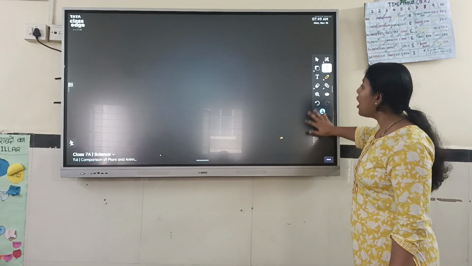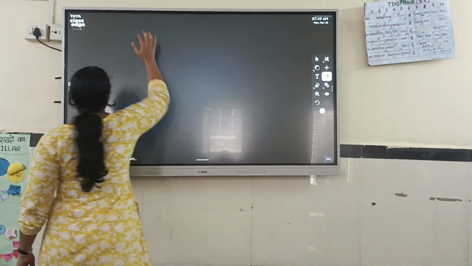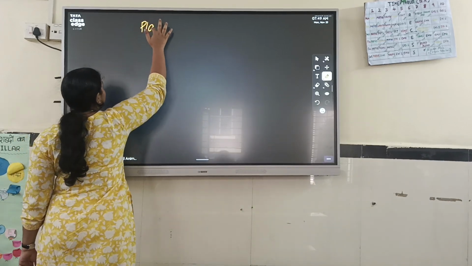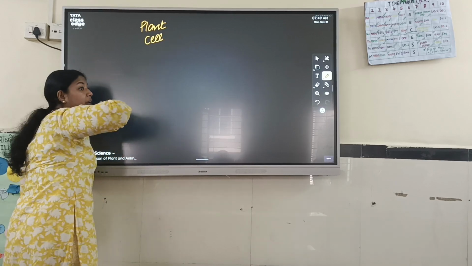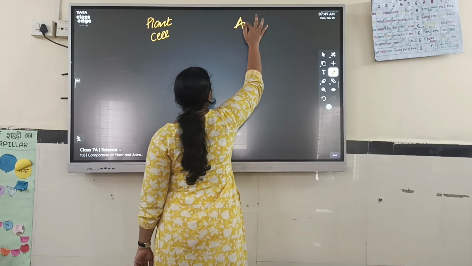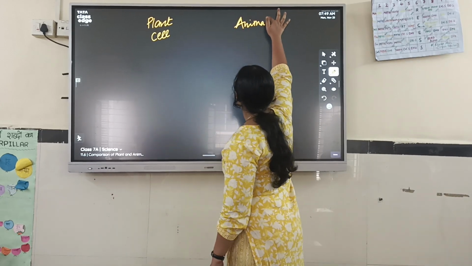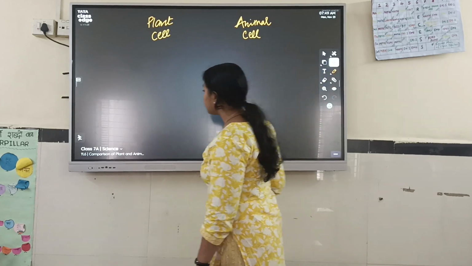For the process of photosynthesis. Very good. What else do we have after chloroplast? Mitochondria. How is the membrane of mitochondria? It has a double membrane.